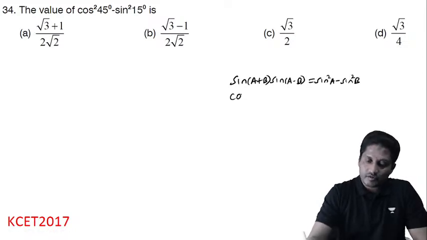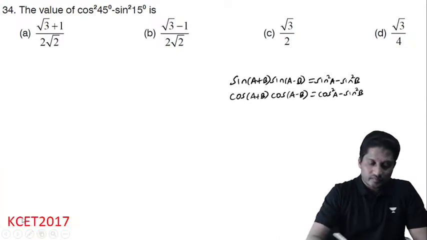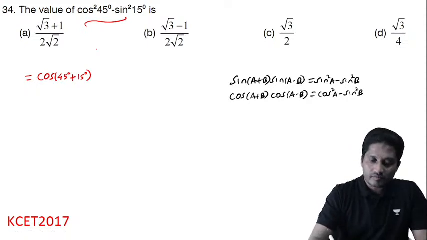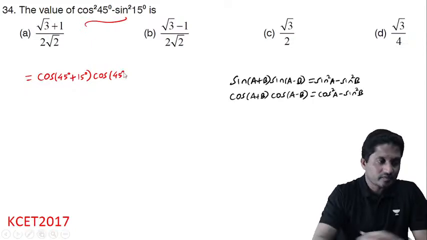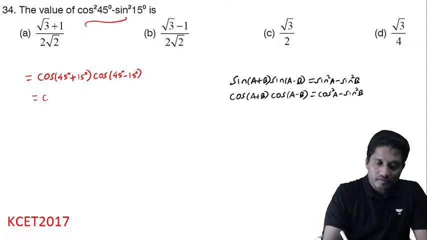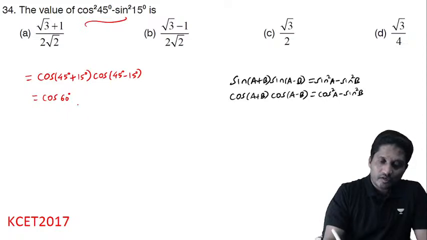Similarly, if I have cos of A plus B into cos of A minus B, that's equal to cos square A minus sine square B. Now cos square 45 minus sine square 15 will be equal to cos of 45 plus 15 into cos of 45 minus 15, so this is equal to cos of 60 into cos 30.